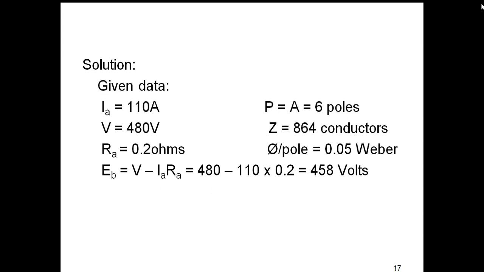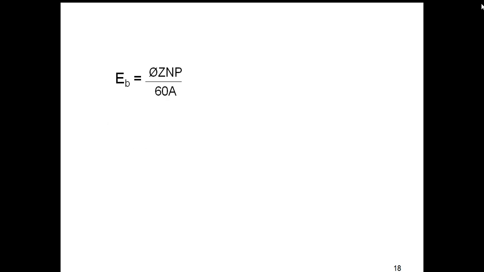From this, the back EMF EB can be found by the formula EB is equal to V minus IA RA, which is equal to 480 minus 110 into 0.2. On solving that, we get 458 volts, and we know that EB is equal to phi ZNP by 60A.